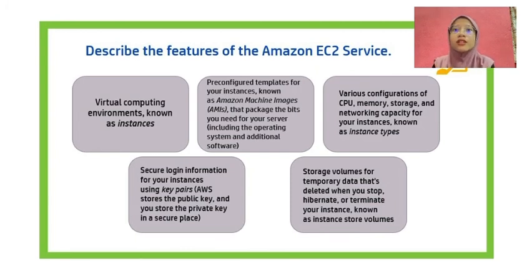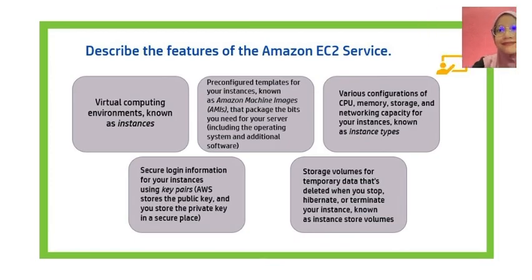Next, secure login information for your instance using key pairs. AWS stores the public key and you store the private key in a secure place. Next, storage volumes for temporary data that is deleted when you stop, hibernate or terminate your instance, known as instance store volumes. Next, I will pass to Farah to explain the storage for Amazon EC2 instances.